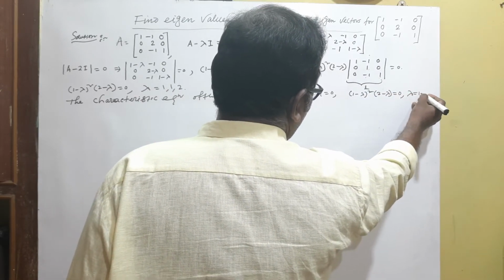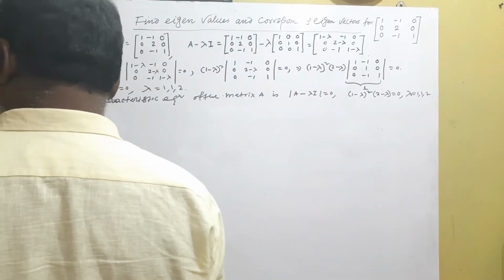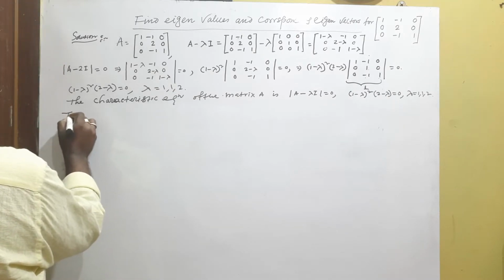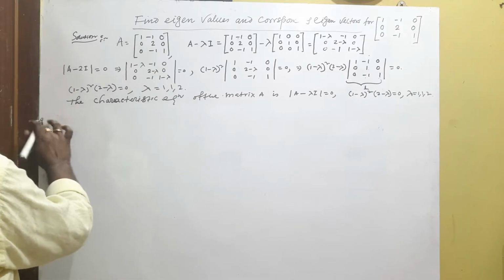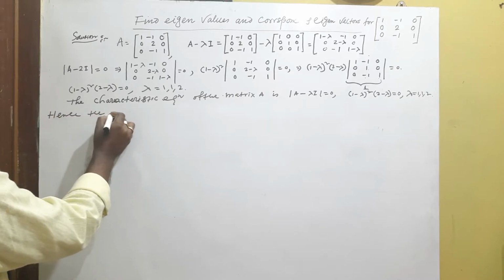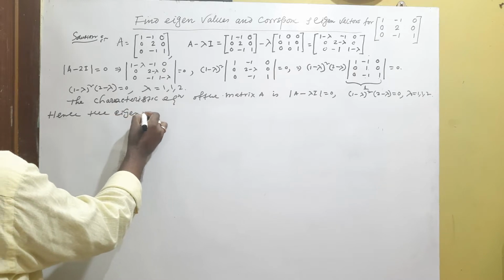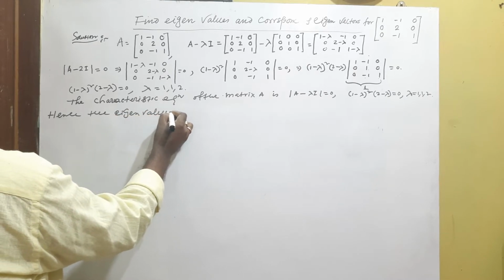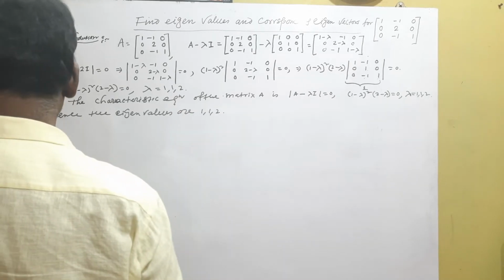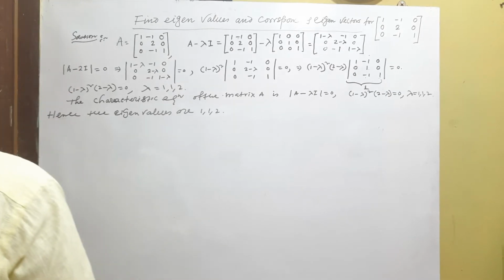Therefore lambda equal to 1, 1, 2. Okay. Hence the eigenvalues are 1, 1, 2.